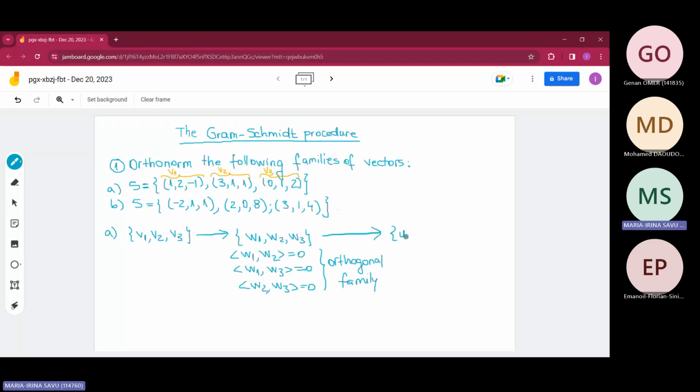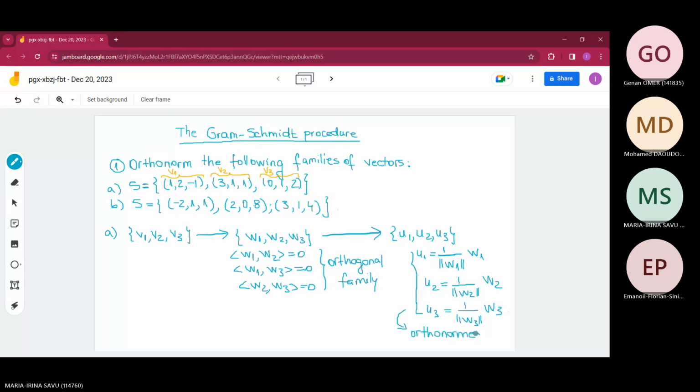And then you have to divide each vector by its length, and then you will obtain what is called an orthonormal family.